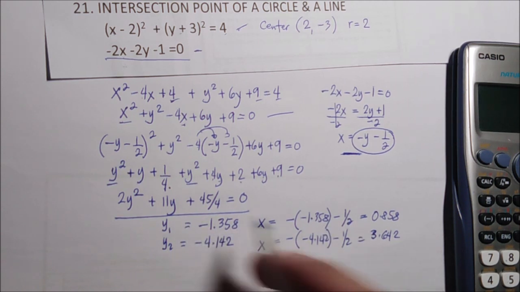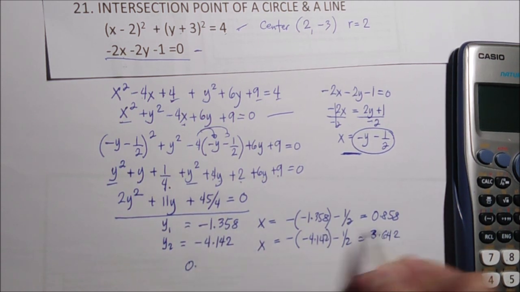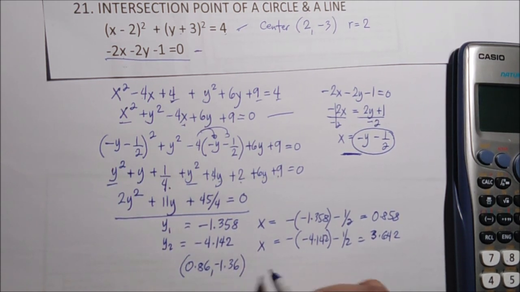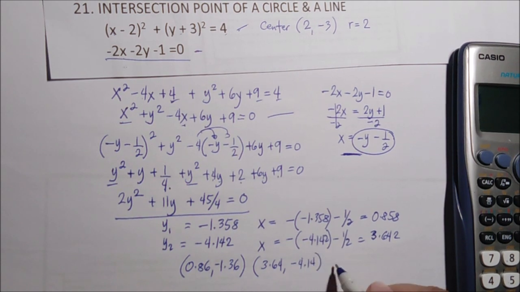Do not interchange these. That is (0.86, −1.36), and the other one is (3.64, −4.14). So these are the intersection points.